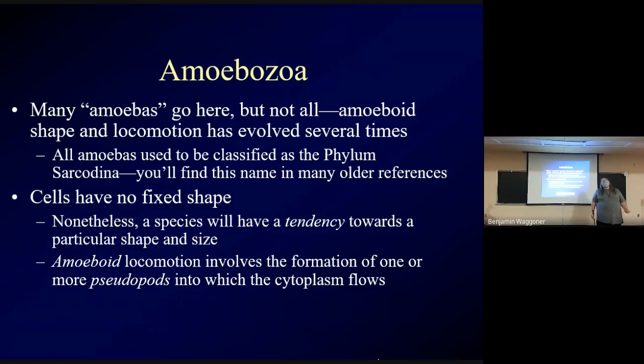By the way, that's the same way that your white blood cells get around. Amoebas typically feed the same way your white blood cells feed, sending out a couple of pseudopods to surround something and engulf it and digest it. That's called phagocytosis, and your white cells do the same thing. So you might have seen that term before.